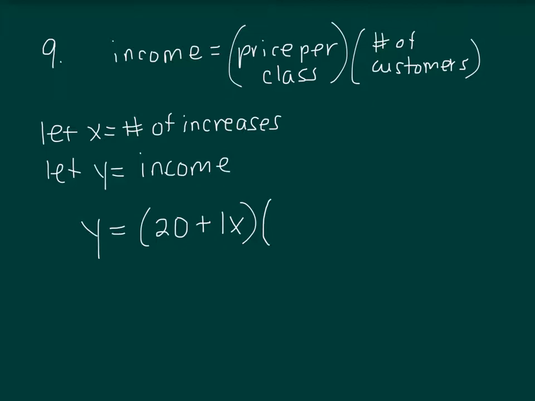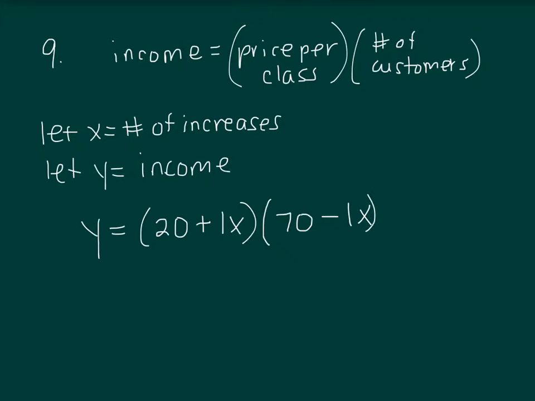I expect to lose one customer per $1 increase. So right now I had 70 people take the class. So that's going to decrease, so take away 1 per increase, so that's why you multiply. So if I increase it 5 times, I'm going to lose 5 customers, which would give me 65 total customers.